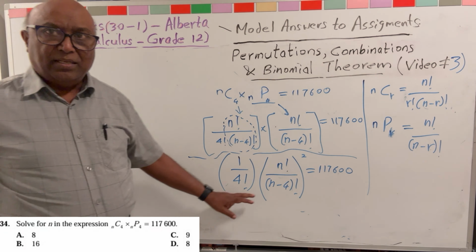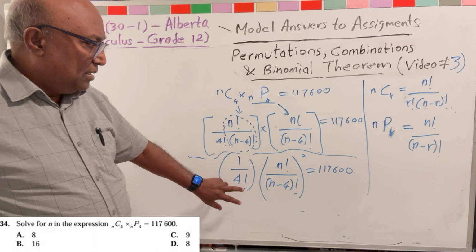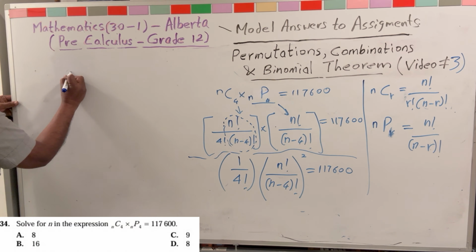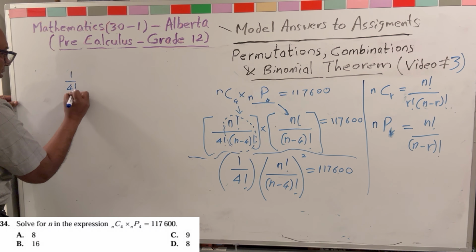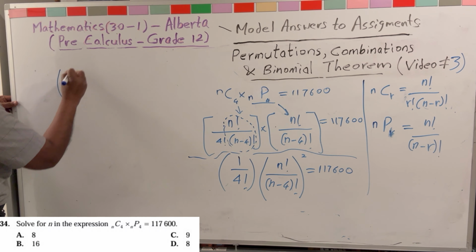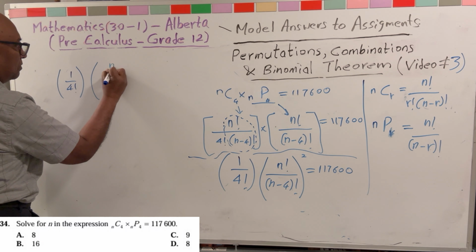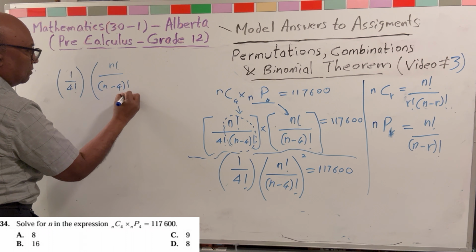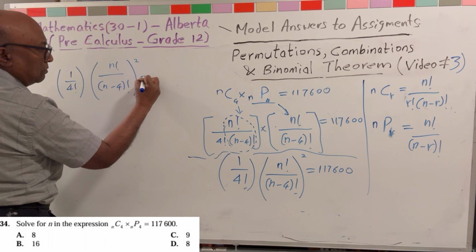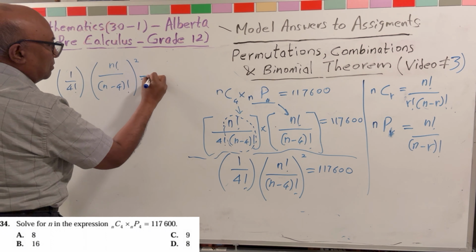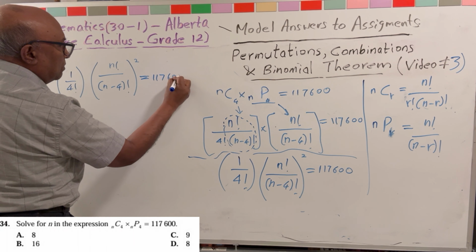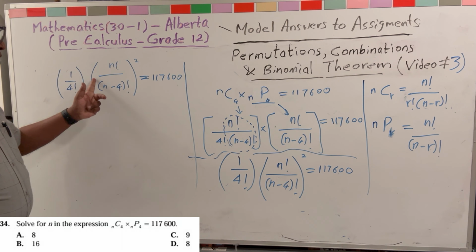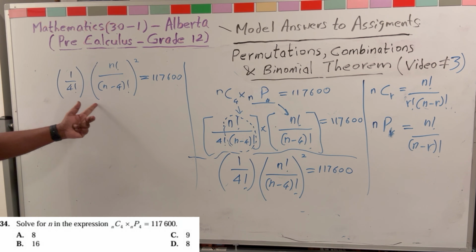How do we proceed after that? Let's multiply both sides. Okay, I write this again in order to be clear. Now let's try to isolate this part.